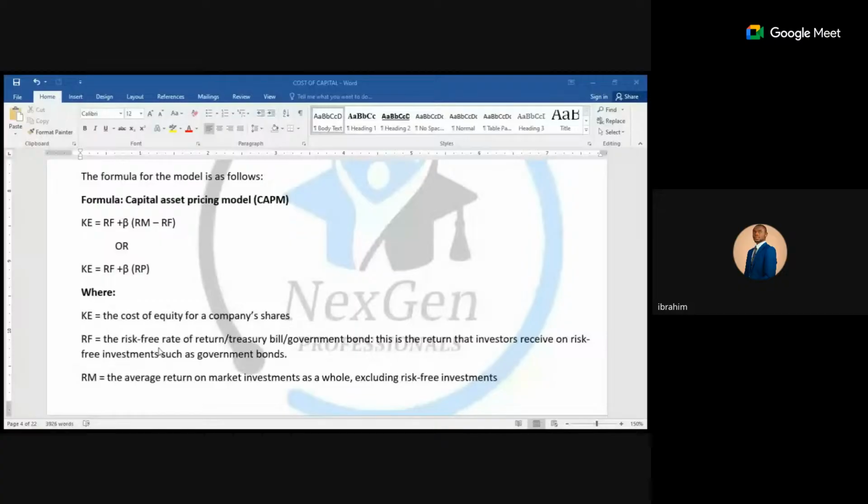If they don't call it risk-free in the question, it may be treasury bill. If they didn't call it treasury bill in the question, it may be government bond.